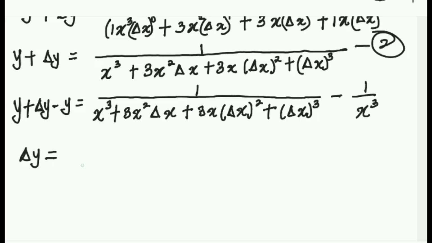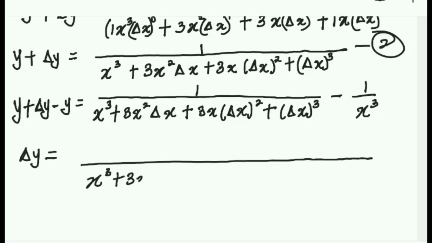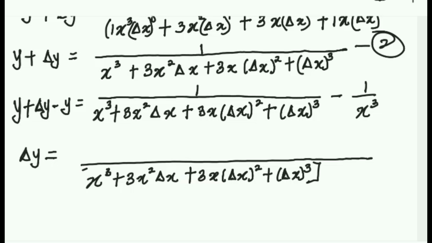let's have this first: x cubed plus 3x squared change in x, plus 3x change in x all squared, plus change in x raised to power 3, all of this in the brackets, and then you have x cubed. So that's the LCM of the denominator. All of this is seen as a single expression.